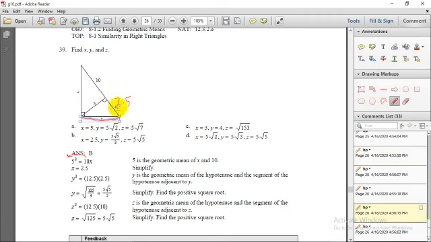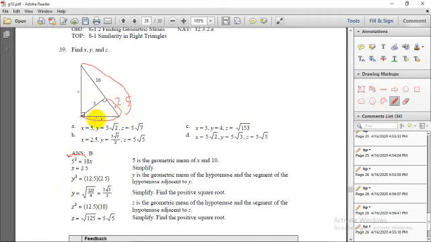So y to the power of 2 equals x times all the side, which is x plus 10, or 2.5 plus 10, because I already have the value of x. So y to the power of 2 equals 12.5 times 2.5, and get the square root to get the y. So y equals 5 square root 5 over 2.